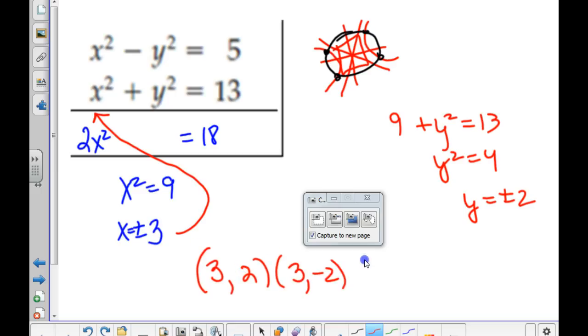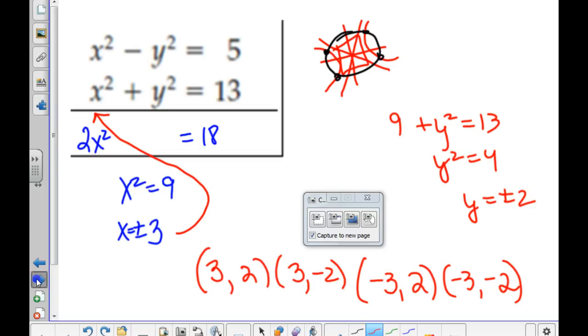When I put in a negative 3, I still get out plus or minus 2. So therefore, did I get them all? All 4 points equally spaced in the quadrants here, forgive my horrid picture, but all work, okay? There are 4 points of intersection. All right, that was a nice one that solved by elimination.